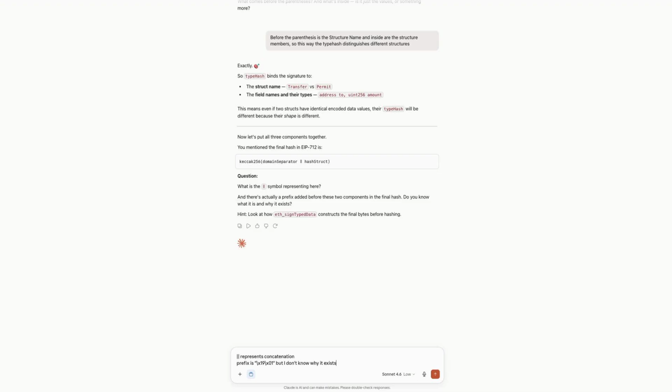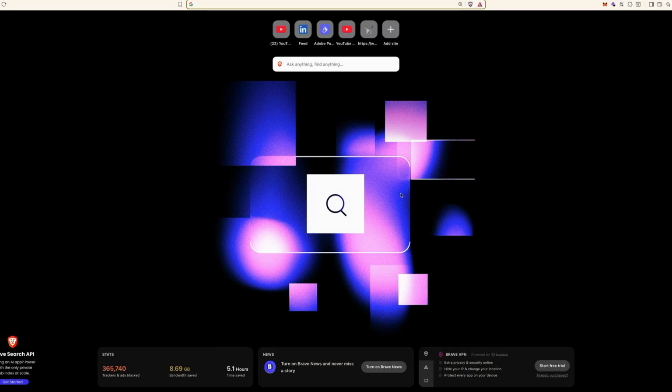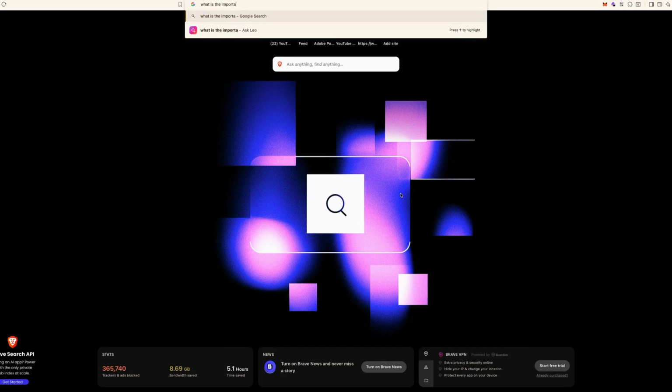Look at how each signed type data constructs the final bytes before hashing. I think this is Ethereum related. Okay, what is the importance of the prefix in EIP-712?